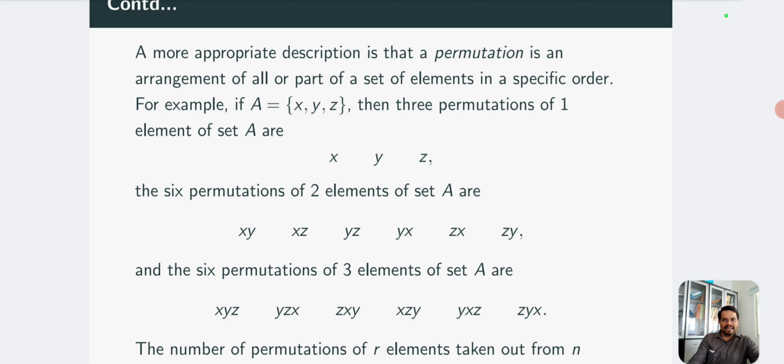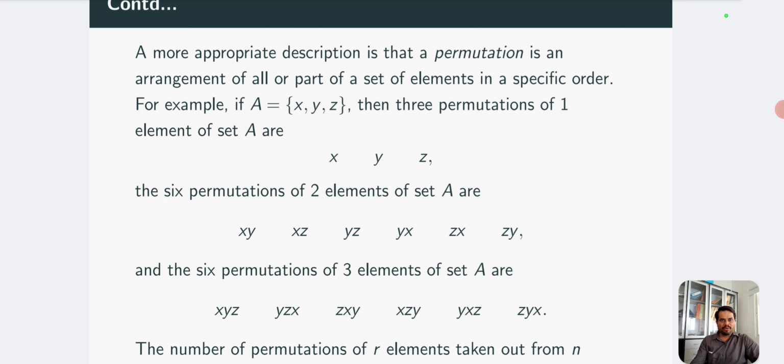After that, if you take all 3 elements of set A and find the permutations, then there are 6 permutations, and those 6 orders or arrangements are also shown here: xyz, yzx, zxy, xzy, yxz, zyx.